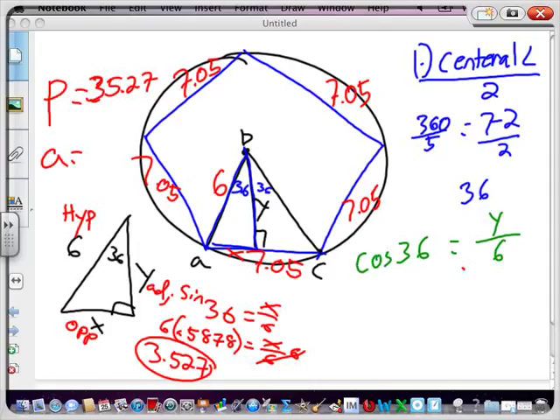I am going to have you plug this all into your calculator at once because this might be easier. Just multiply both sides times 6. These cancel. And then 6 cosine 36 is 4.85. So that is my apothem. That was a lot easier to find.